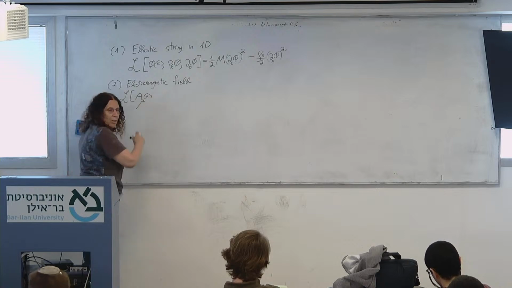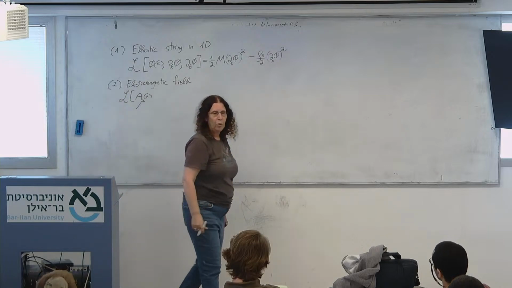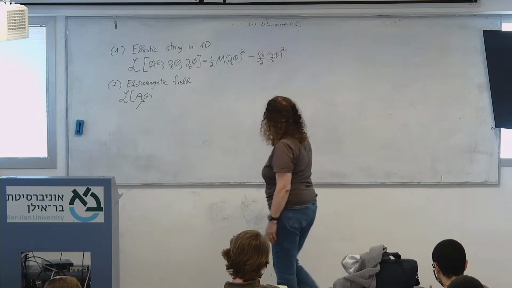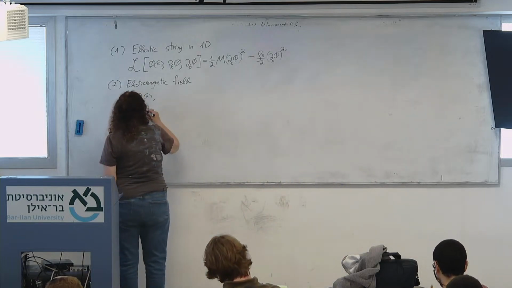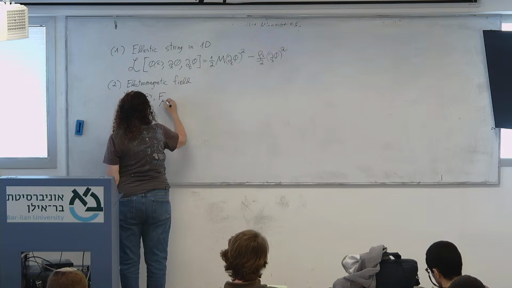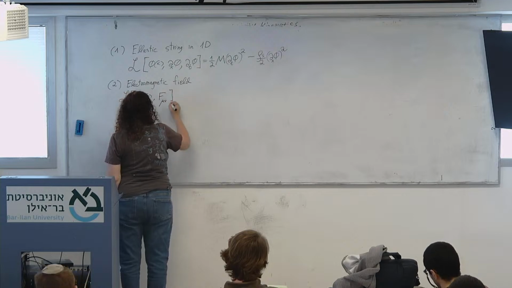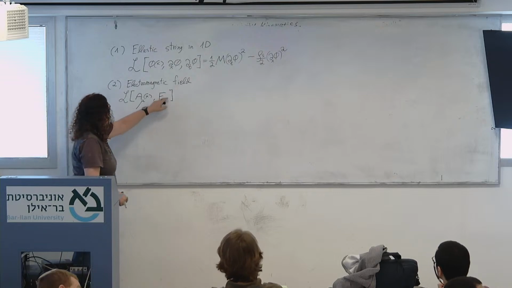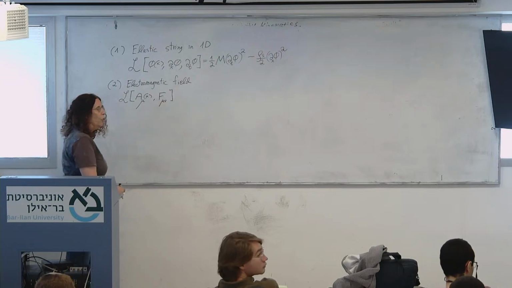So mu here indexes the four vector components of the vector potential, and its derivatives, which are encoded by this tensor called F mu nu.